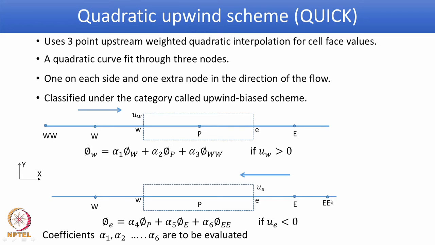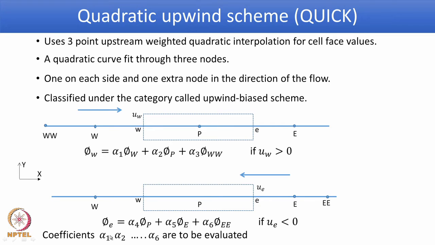So, using these 3 nodal values, you can evaluate the variable value on this face UE. The corresponding expression is shown here, phi at E equal to alpha 4 phi at P plus alpha 5 phi at E plus alpha 6 phi at EE.